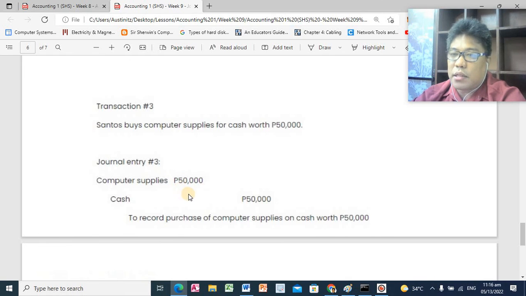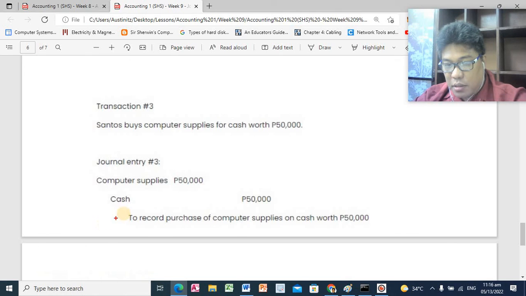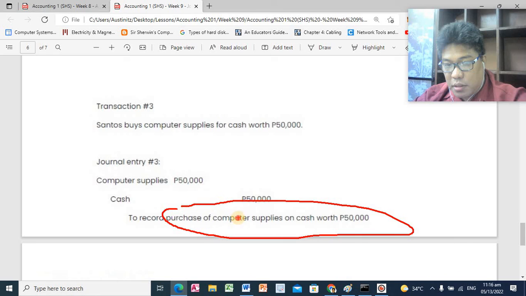At yung nawala sa business, yung cash, which is 50,000, on credit. Explanation, to record, laging to record, tapos galing lang sa transaction natin: to record purchase of computer supplies. Kahit wala na po itong value, kasi nandun na po sa debit and credit section ng ating journal.